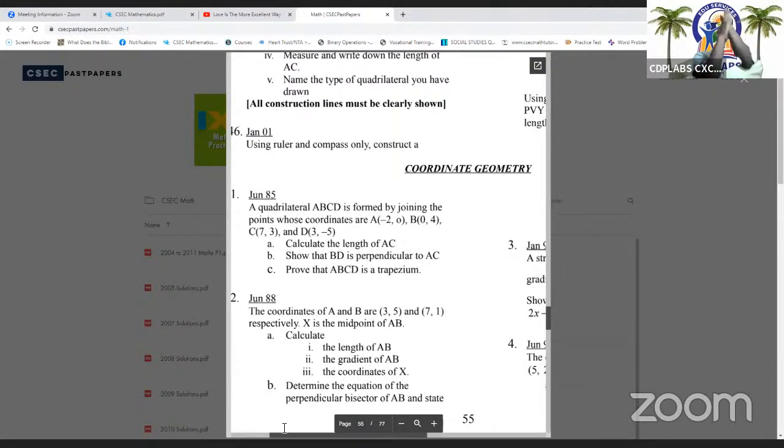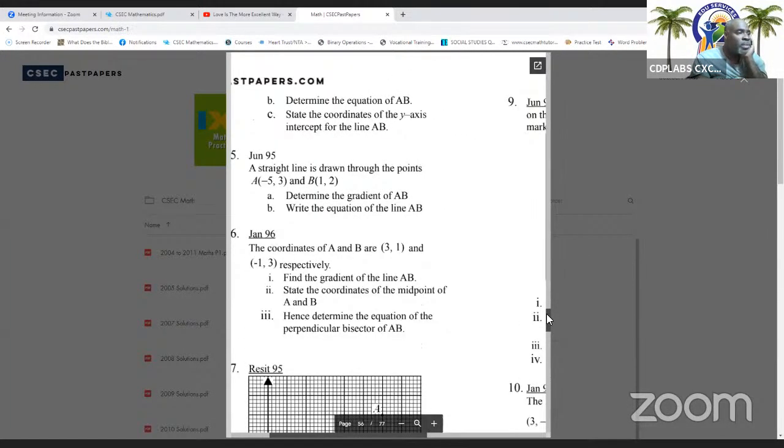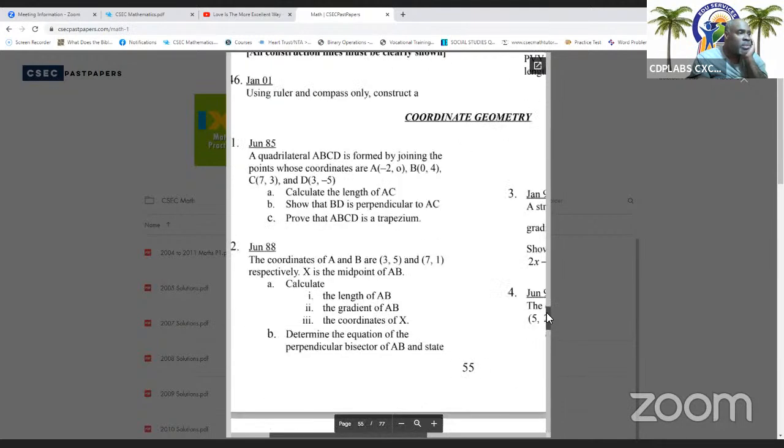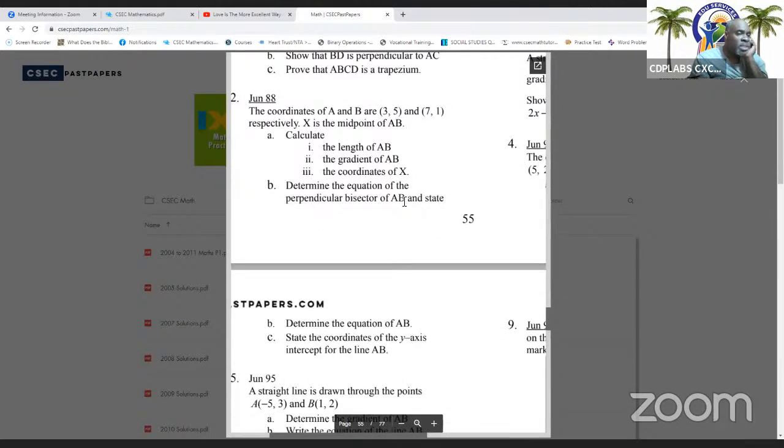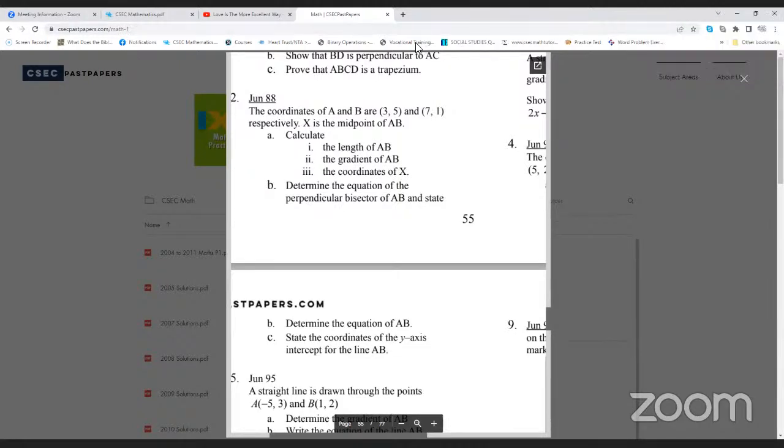All right. Now this is coordinate geometry. We're going to do June 88 first. Write out the question, please. So write out that question. Are you seeing it? Yeah. Okay.